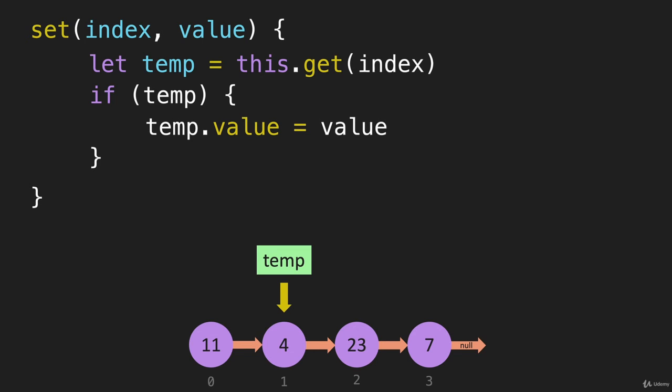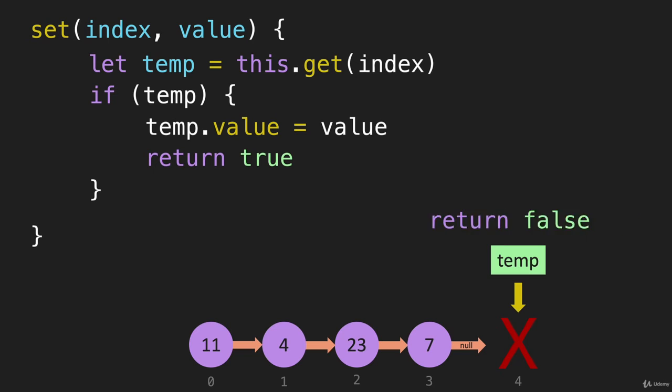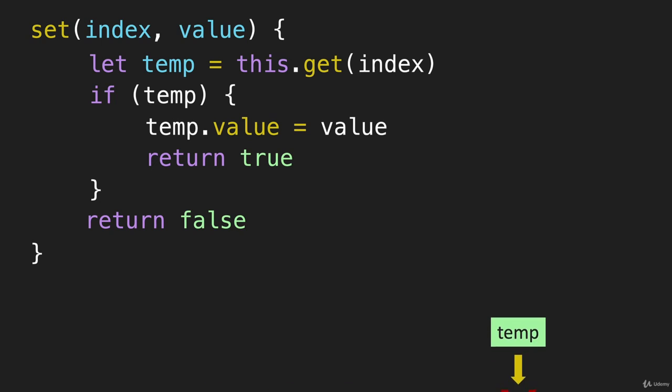We need the code to stop running at this point, so we need a return statement, and we will return true that we were able to change that value. Otherwise, temp is undefined, which is going to cause that if statement to not run, and we're just going to return false. And that is all of our code for the set method.